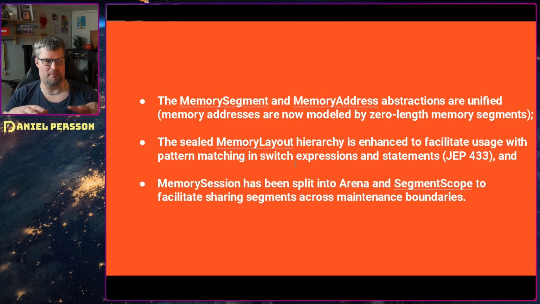But you can read more about this in the second preview. I'm really excited about this API because it can help a lot when you have a bunch of data that you need to handle that comes from a separate process and so on. So it's something really interesting. They're doing a second round here in order to get more feedback on this specific JEP.